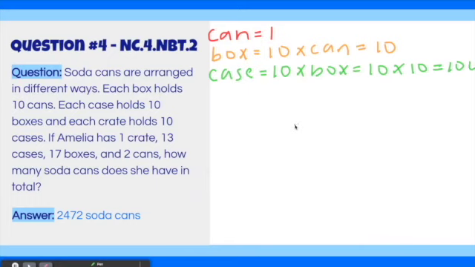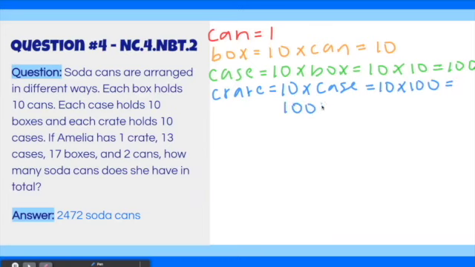So a case holds 100 cans. A crate is 10 cases. So 10 times case, that's 10 times 100, which is 1,000. So a crate holds 1,000 cans.